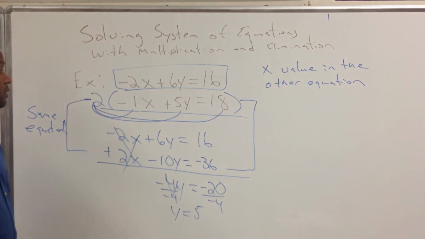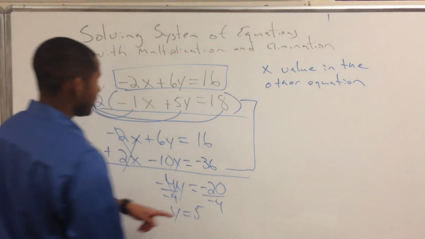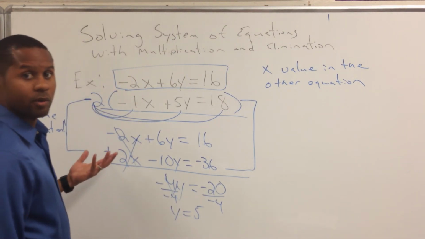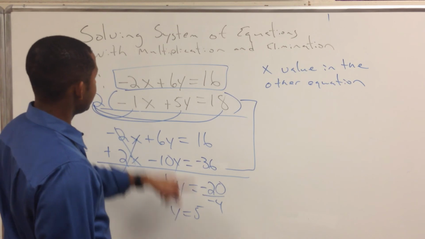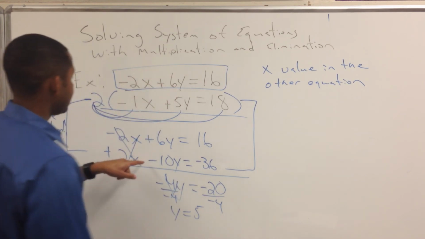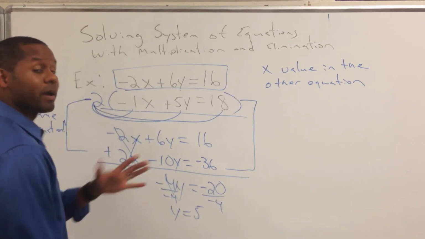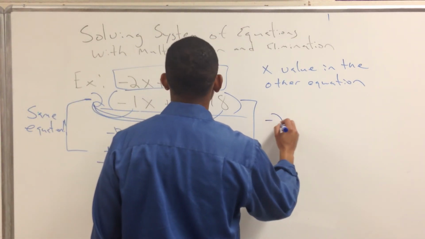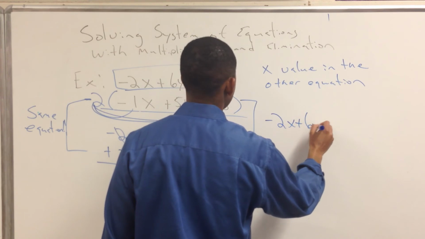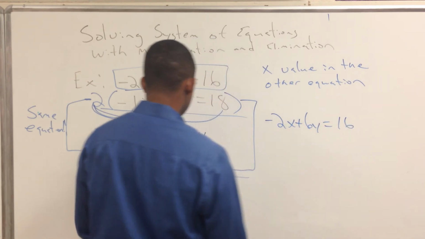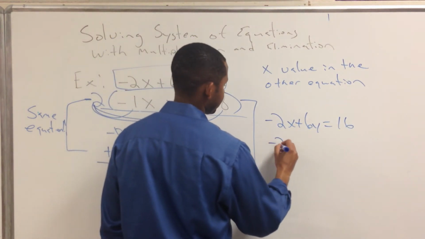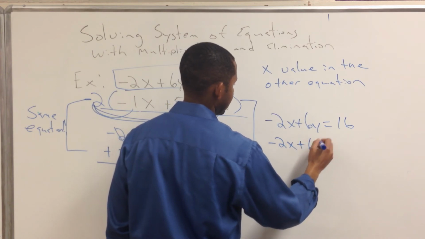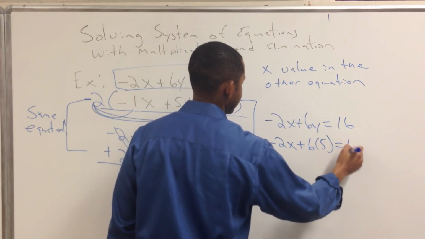Right? So, now that I found out that y equals 5, I can substitute this, and then we're back to what we've done already. I can substitute 5 back into this equation, or this equation. Doesn't matter which equation I put it into. So let's go here. Negative 2x plus 6y equals 16. Now we know that y equals 5. Negative 2x plus 6 times 5 equals 16.